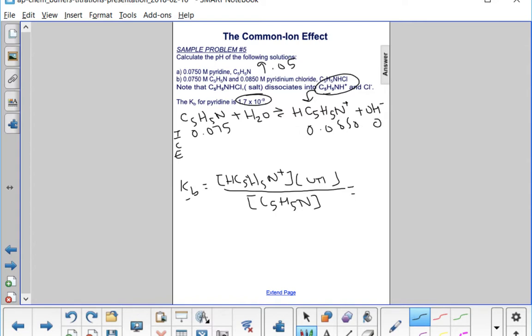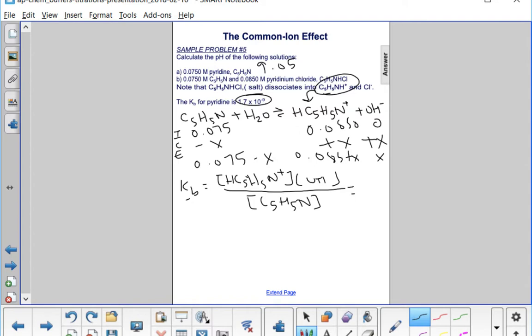We have no hydroxide. Our change is still minus X, plus X, plus X. So here we get 0.075 minus X, 0.085 plus X, and X.